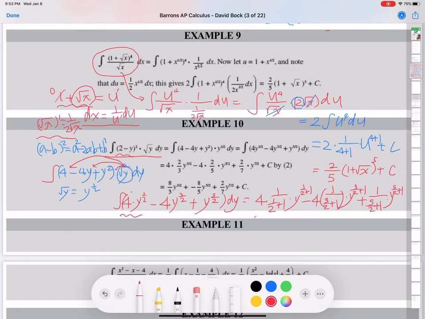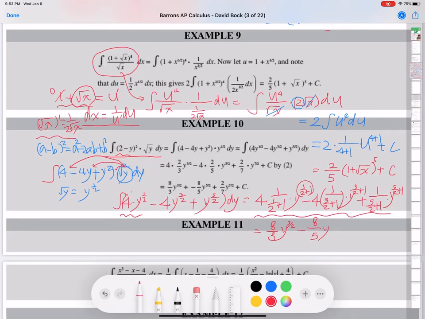And then we're going to simplify this. That is 4 over 3 over 2, which is 8 over 3 times y, and this part is 1/2 plus 1, which is y to the 3 over 2. And then negative 4 times 1 over 5 over 2. That is negative 8 over 5.